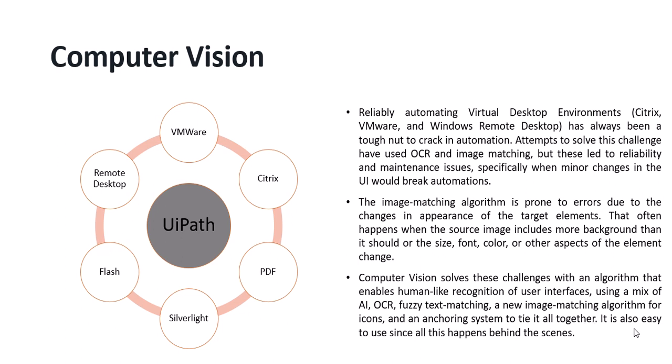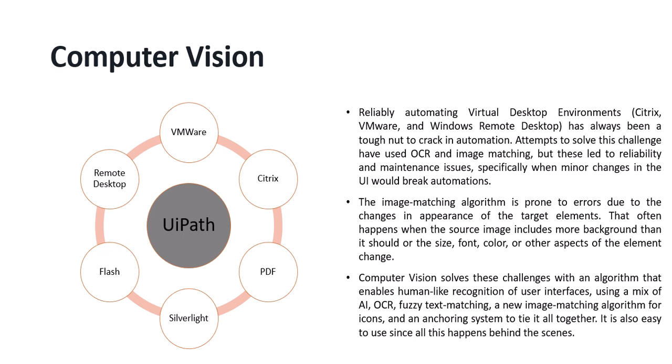It is also easy to use since all this happens behind the scenes. So all these different techniques available to identify elements, UiPath has integrated in one solution, and it runs behind the scenes and does that for us. So this is basically the use of computer vision, why UiPath has introduced the computer vision feature.